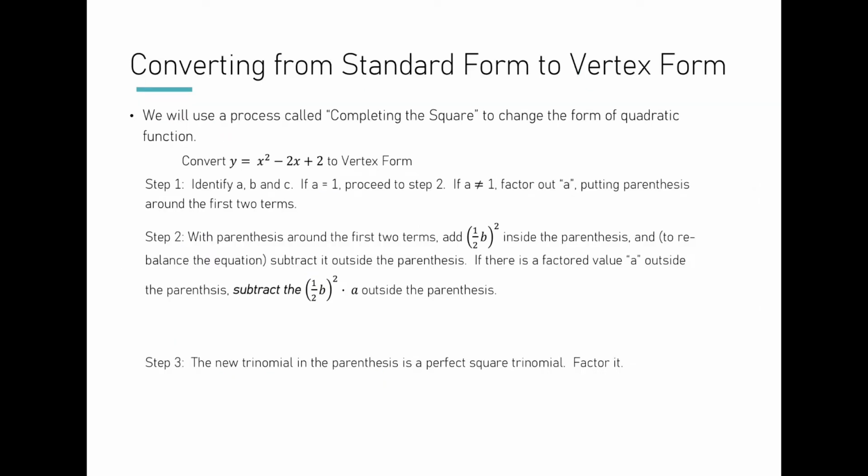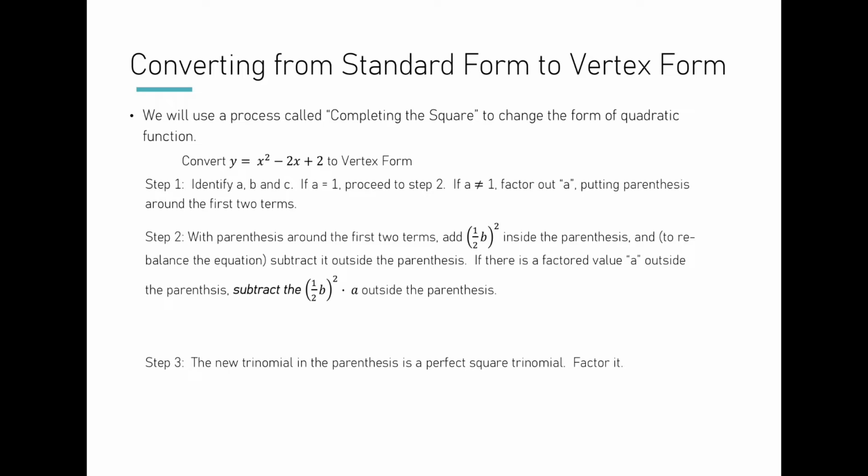Okay, so if we are given an equation that's in standard form, how can we actually get it into vertex form? One of the ways that we can do that, because vertex form does tell us a little bit more about my function, is this process called completing the square, which you may have used when you were solving quadratic equations that were set to 0.